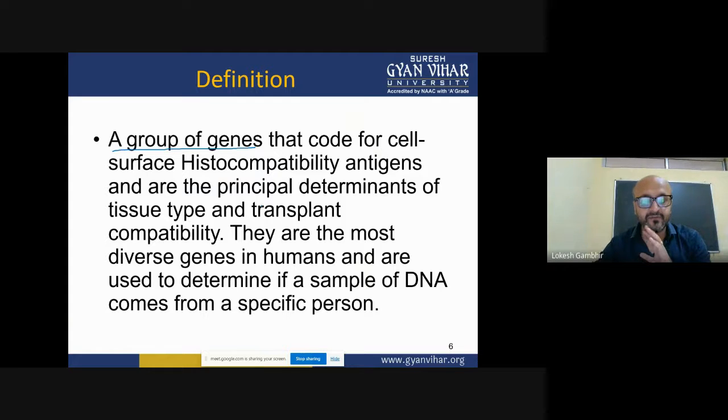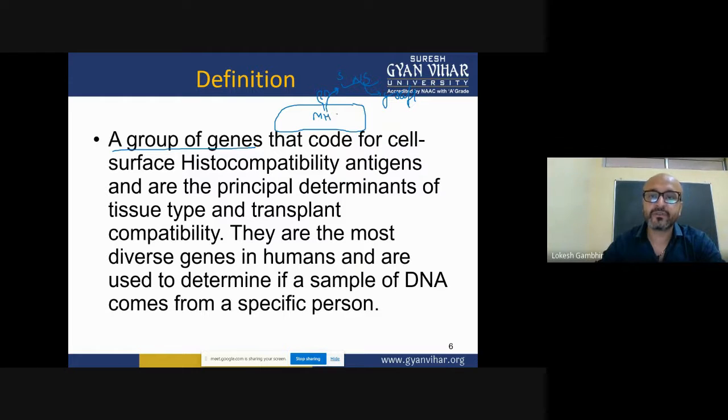Now, from this definition, what we understood is that there is a cell, and on its surface a certain molecule is present. This molecule is responsible for determining self and non-self, and it is also responsible for accepting or rejecting the graft that we are trying to put. That molecule is called the MHC molecule.